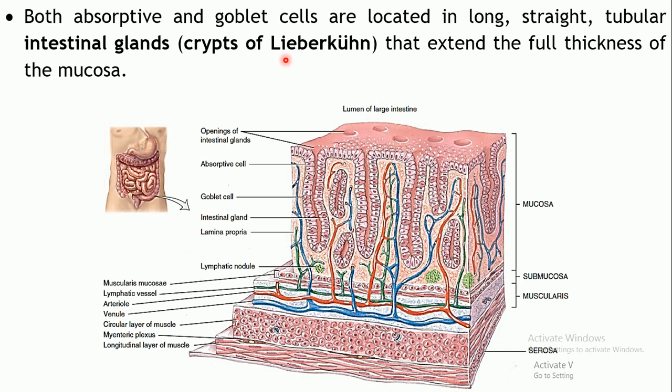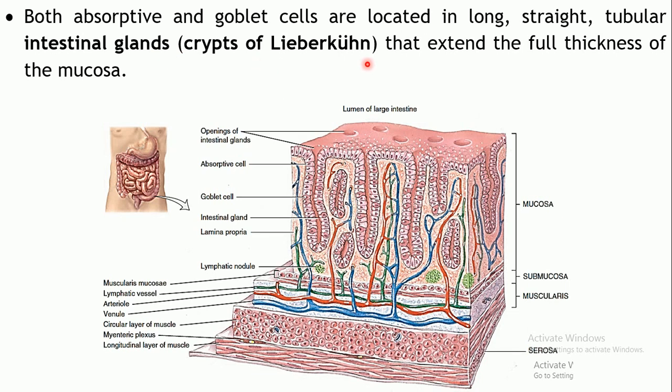Both of these absorptive and goblet cells are also located in small depressions, long straight tubular structures called intestinal glands, also known as crypts of Lieberkühn.